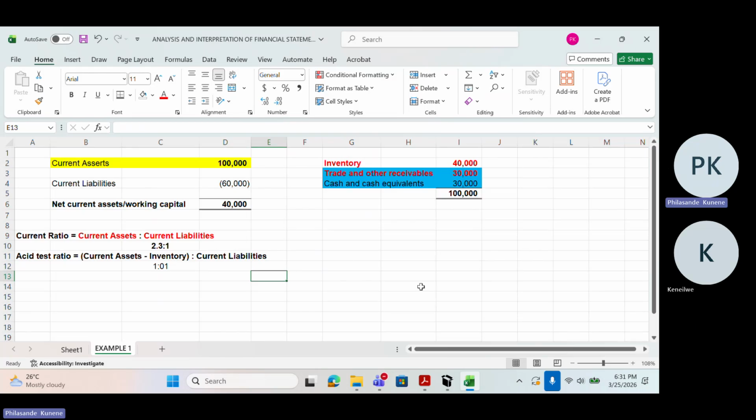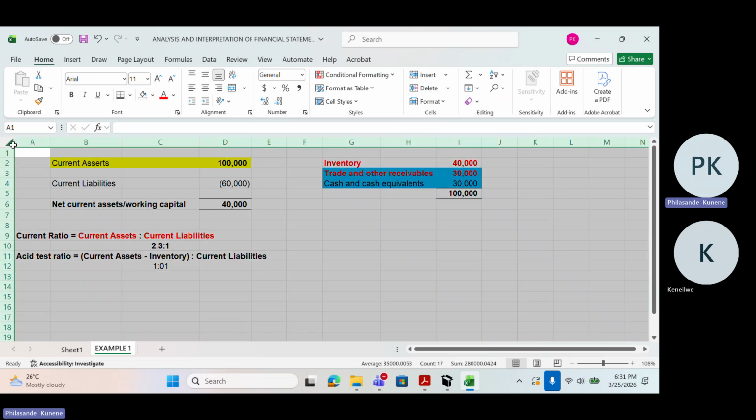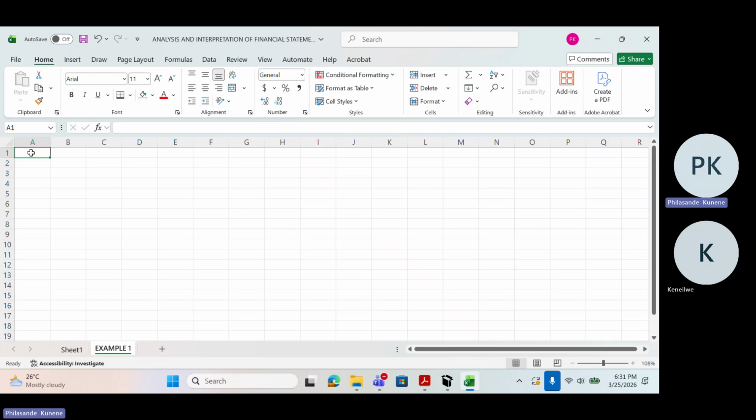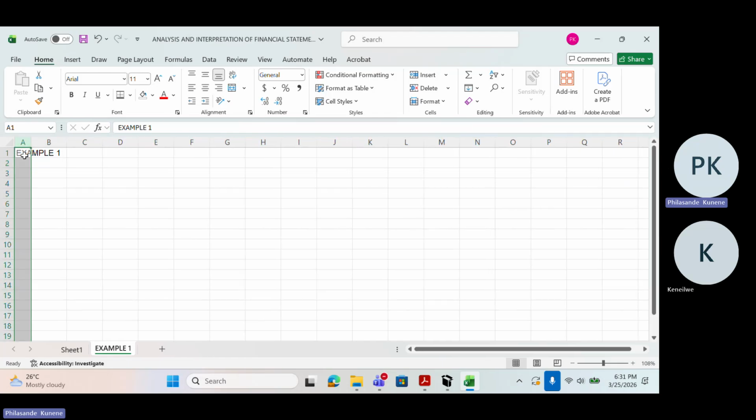That is something you can do as part of the calculation. What is also more important is that we must be able to comment on the financial indicator. I want us to look at example one, calculate one financial indicator, and then comment on it and see how we should draft our comment, because that's what I'm more interested in.